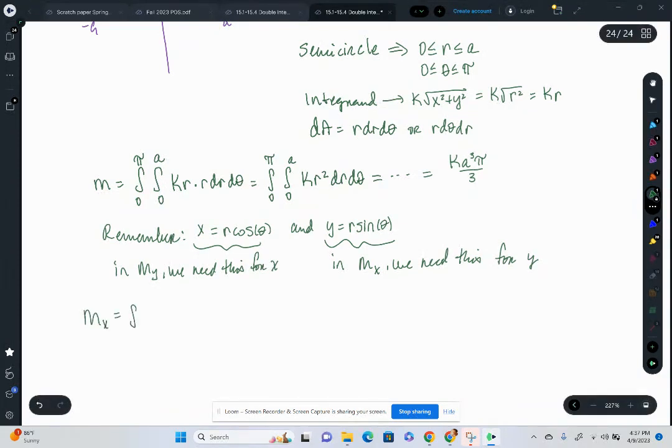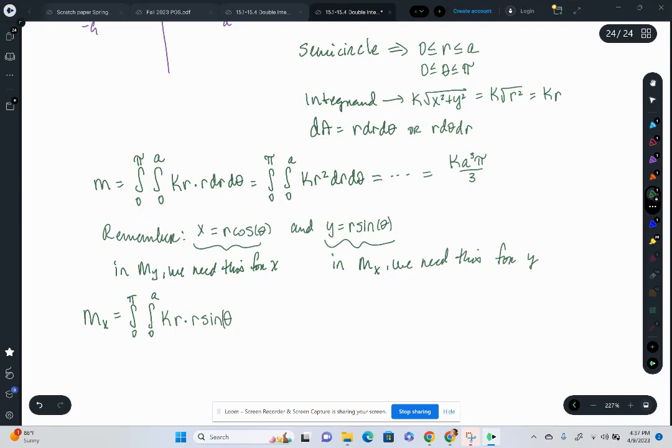Now, I'm going to set up my m sub x. It's equal to the double integral from 0 to pi, 0 to a of, well, our density was kr, okay? So I've got my kr in there. And then we have that multiplier. We're multiplying by y, and y is equal to r sine theta. So we have times r sine theta.